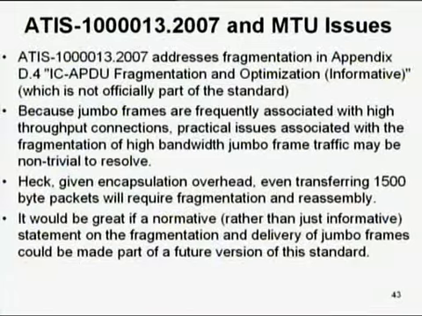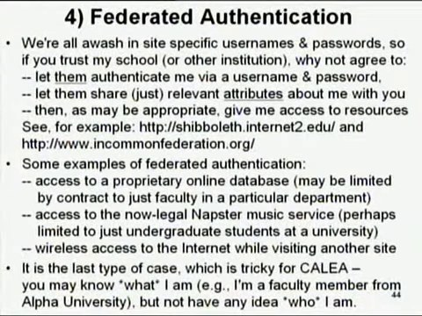The standard for this kind of thing addresses fragmentation only very peripherally. And because jumbo frames are usually associated with high throughput connections, there are some very practical issues associated with dealing with that jumbo frame traffic as well. So when you start looking at these sorts of issues, it's clear that these advanced facilities cause problems for CALEA.